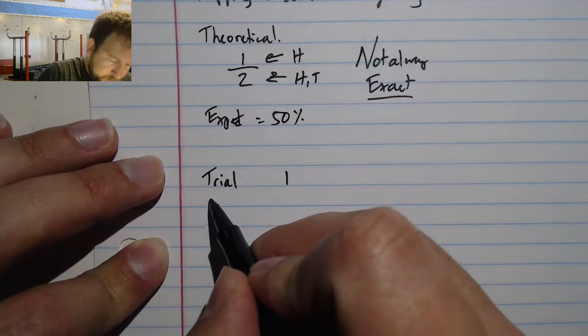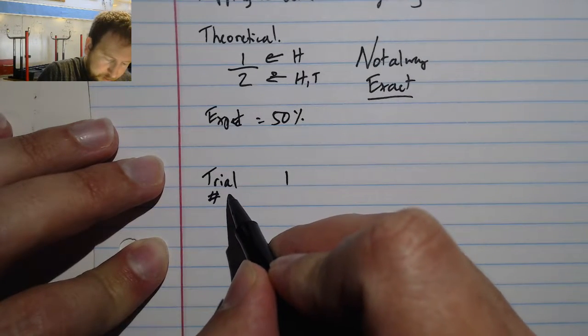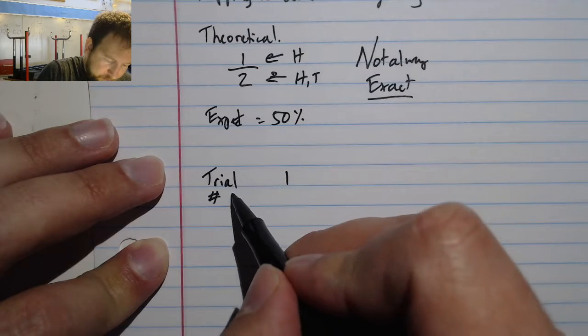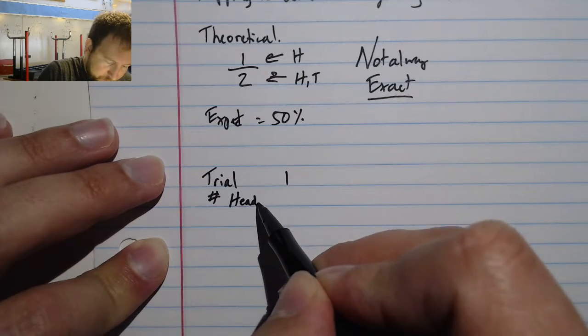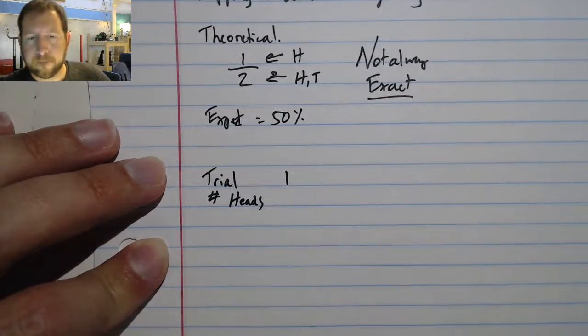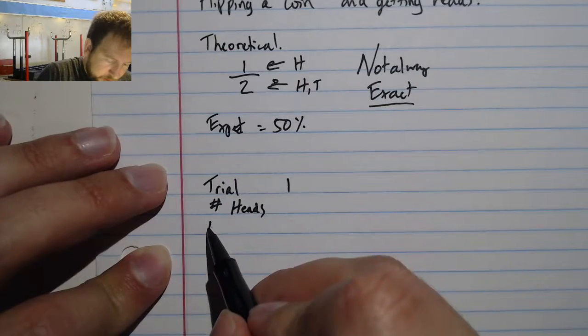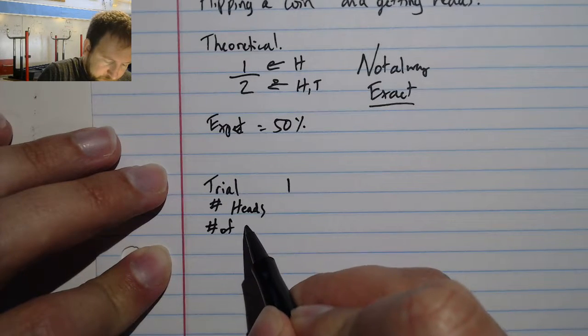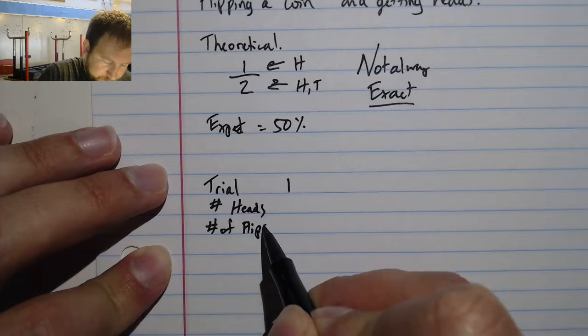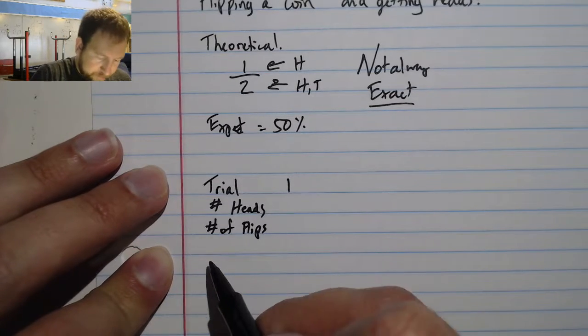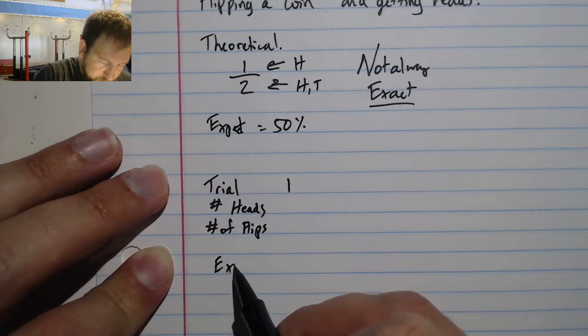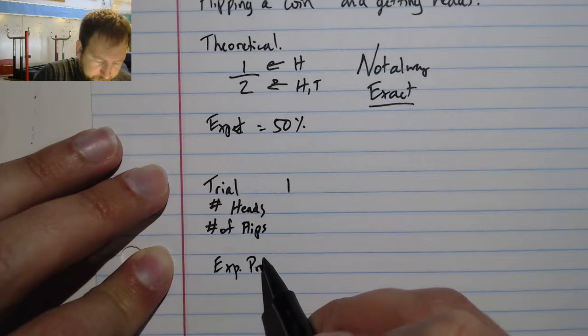And I'll write number of heads, since we are looking for heads, and then number of flips, and then my experimental probability.